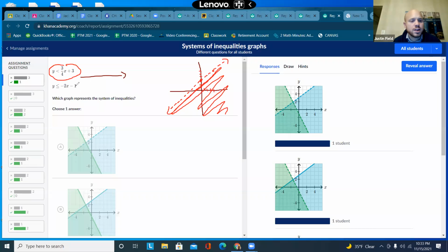Next one has a y-intercept of -1, so down 1, and a slope of -2. So go down 2 more and over 1. There are my two points. It's going to be a solid line. And this says less than, so we're going to shade below.